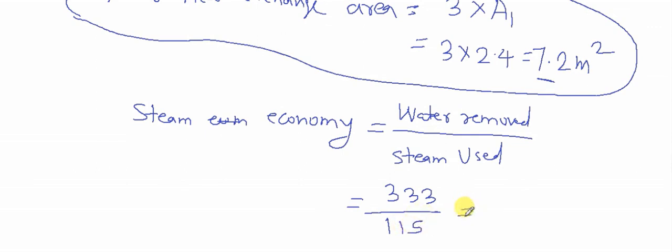You will get the steam economy by dividing 333 by 115, and it is coming 2.89. Okay, so this is our final answer concerning the steam economy.